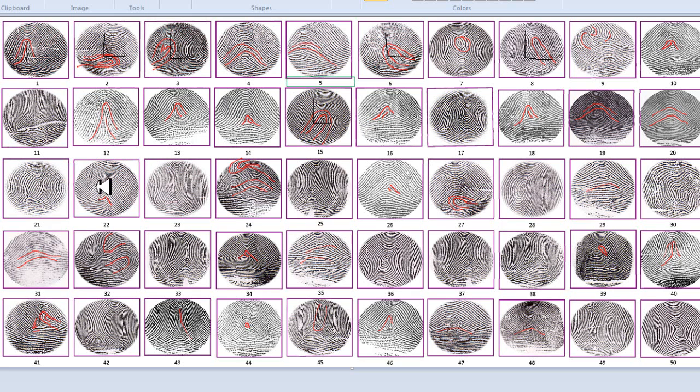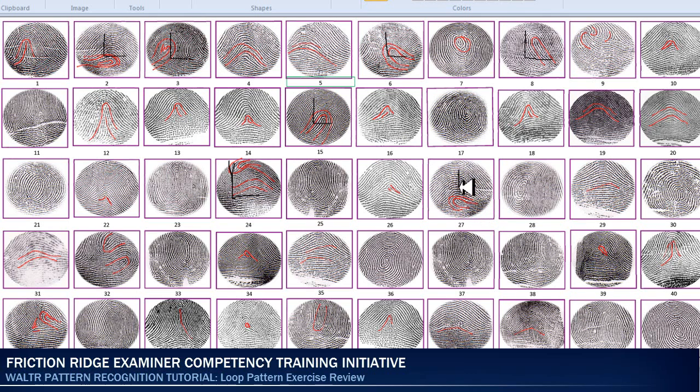Number 21, 22, 23, they are not loops. Number 24 is that rare loop that we discussed. 25, 26, they are not loops. 26 should be recognized as a tented arch. Number 27 is a loop.